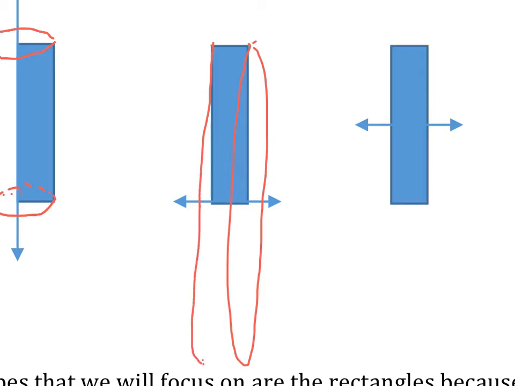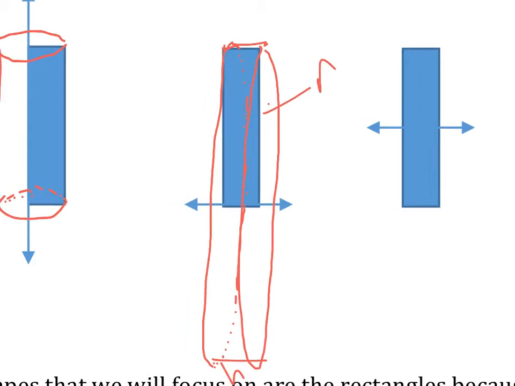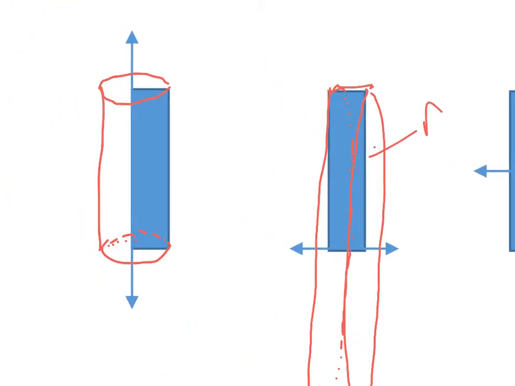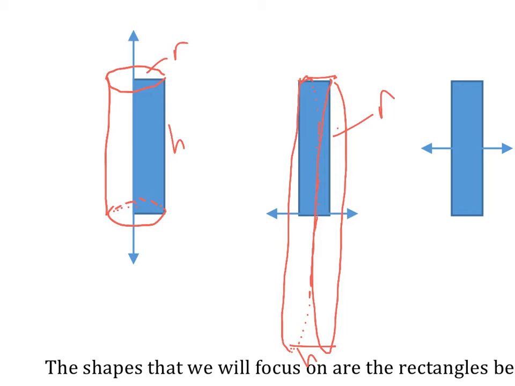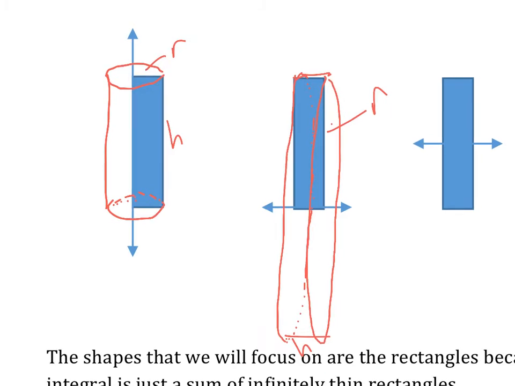This is more like a can of tuna than a soda can. So we get this long skin, and the radius would be here. That would be the radius, and this would be the height. Back on the other one, the height is the long side, and the radius is the short side. So depending on where the axis is, we get different shapes.